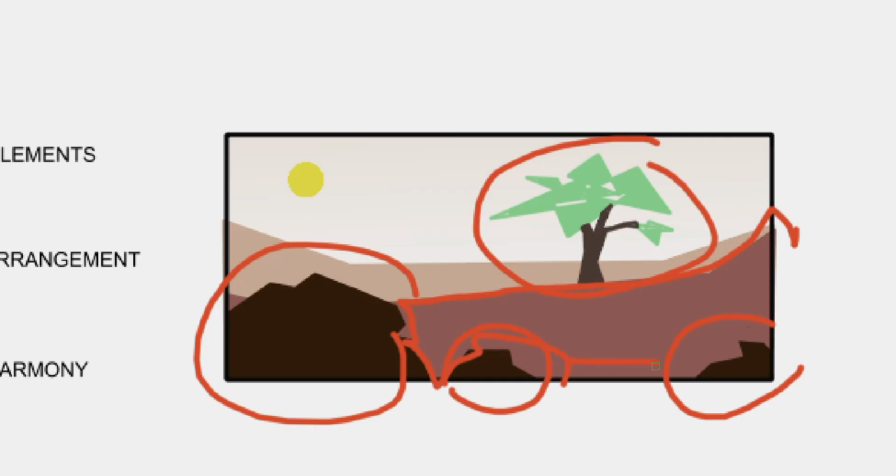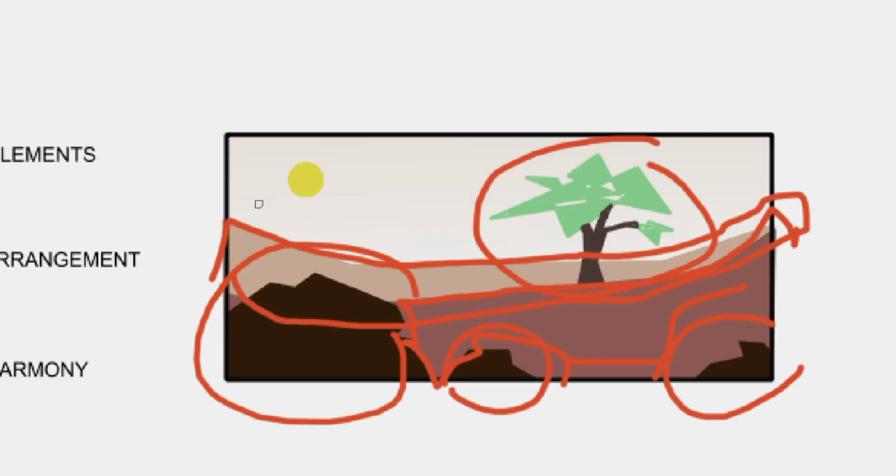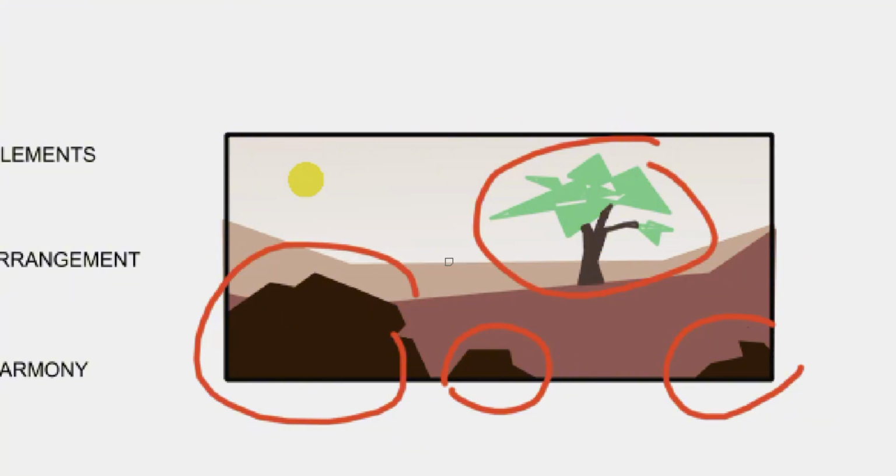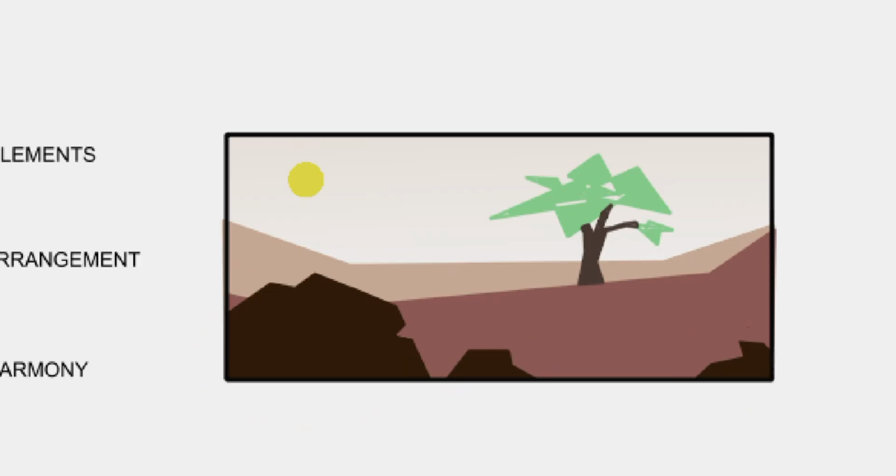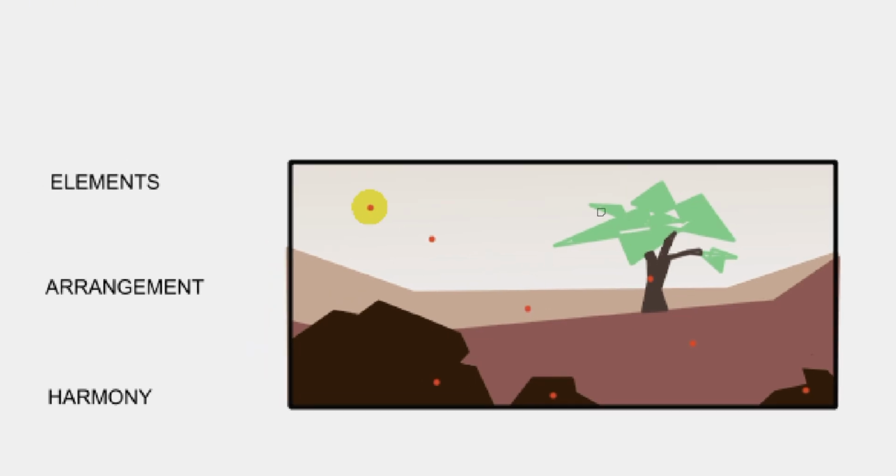So this piece of land, the tree, the rocks, this land at the back, which is the background, forms the background along with the sky as well. So basically rocks, tree, ground, background, sky, sun. These are some of the elements.